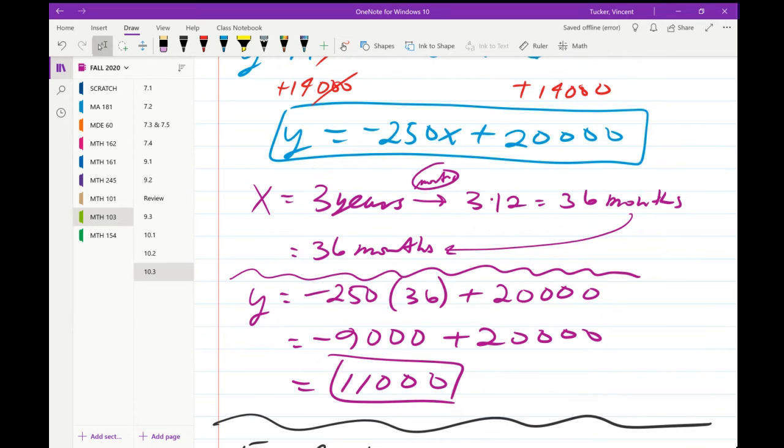So the car will be worth $11,000 after 3 years. Any questions?